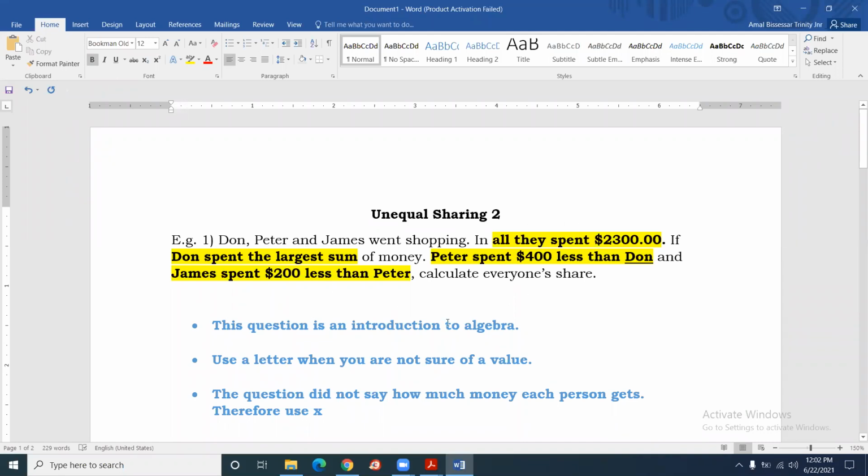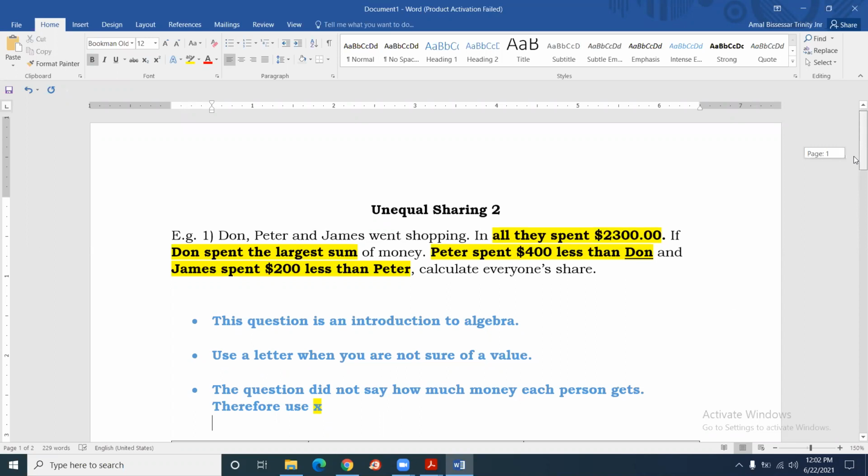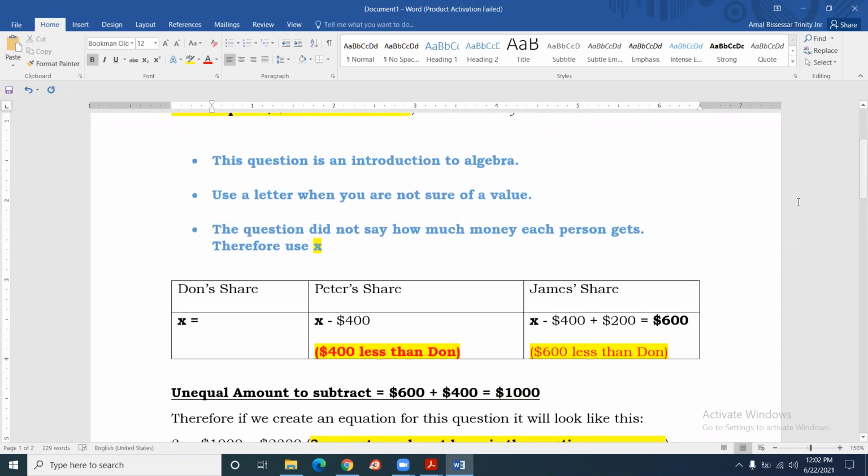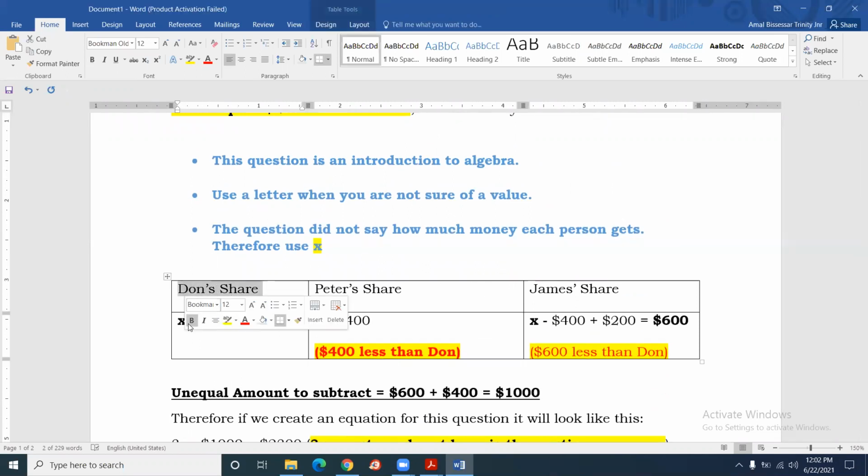So I can't say Don is 500. I can't say Don is 600. I do not know how much each person gets. So I'm going to use the letter X to represent any of those that I don't know. So look how I write up the question. What is Don's share? I don't know.